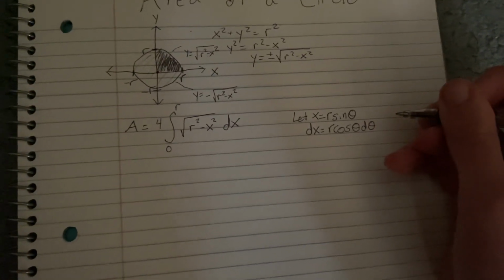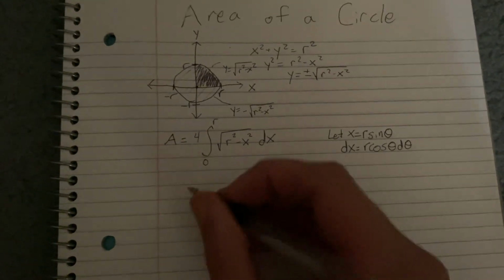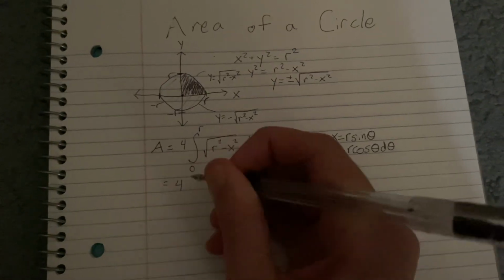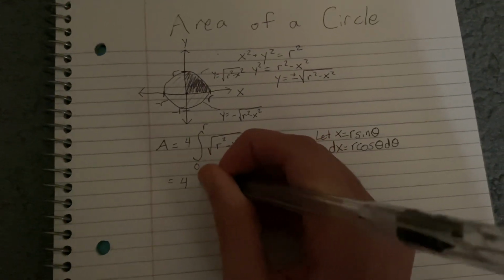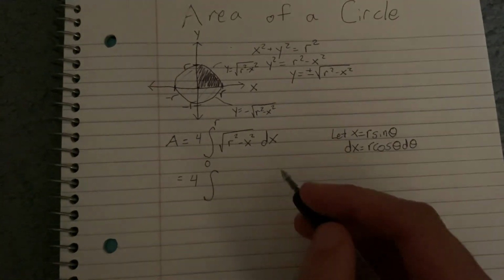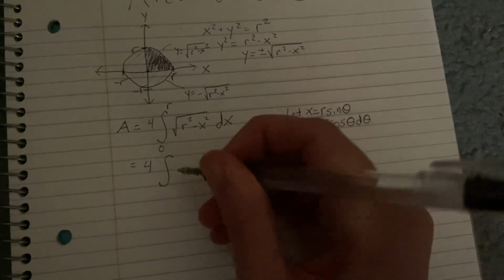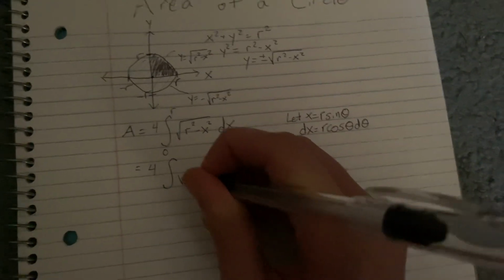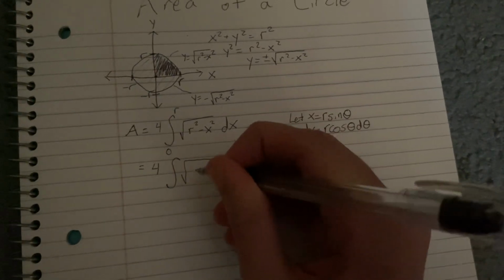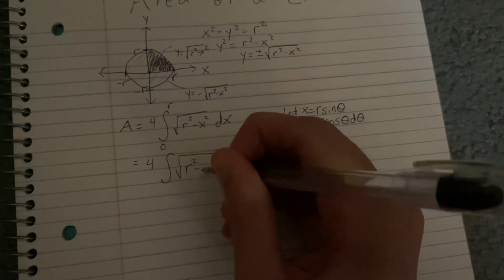So this is going to be 4 times, and now we're changing from x to theta. So now we still have our square root, r squared minus this whole quantity squared.